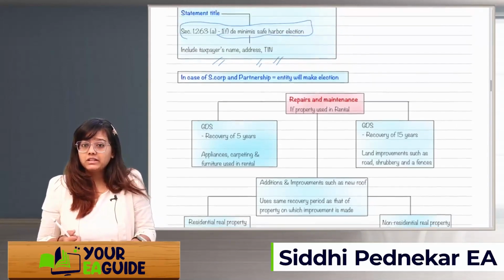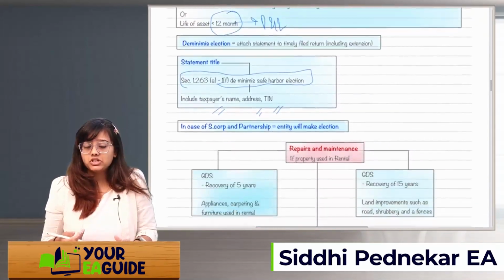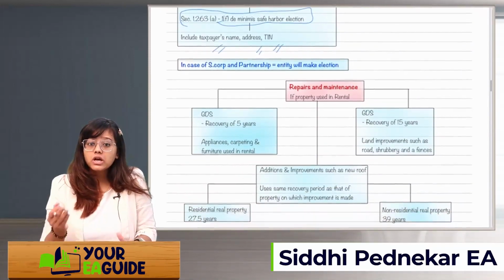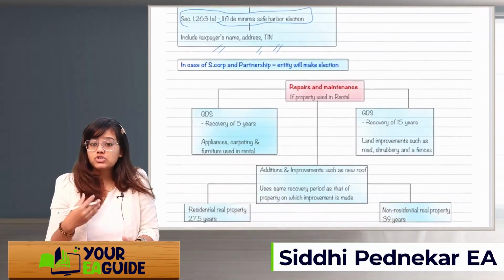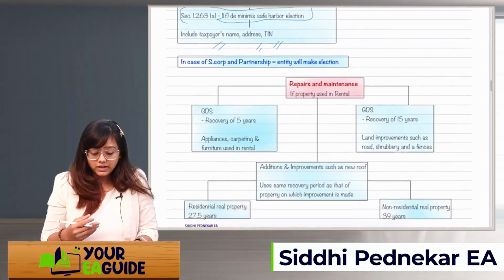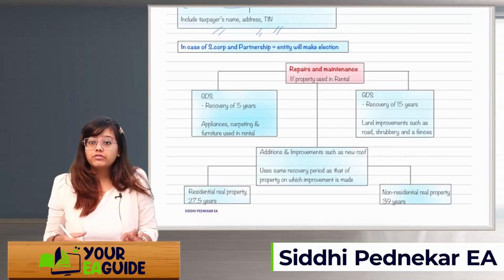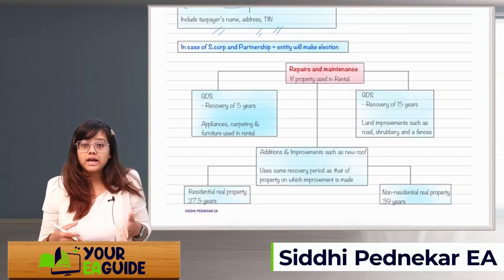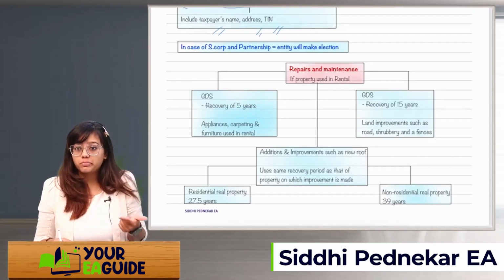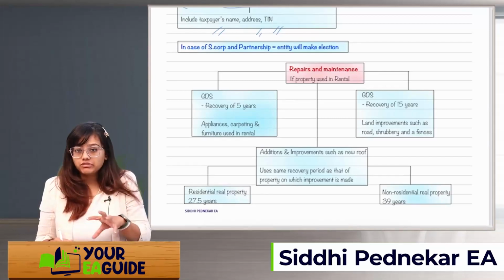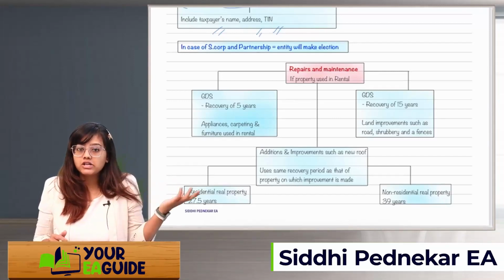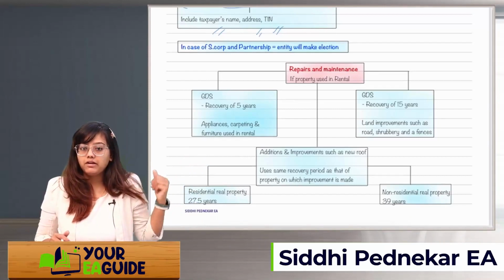We have seen that in the topic of depreciation, 5-year property includes appliances, carpeting, and furniture used in the rental property. And GDS recovery of 15 years will be used if it's a land improvement such as roads, shrubberies, or fences, which are used to improve the property. So 15 years will be used in that case, and the normal 5 years will be used in case of appliances, carpeting, and furniture.